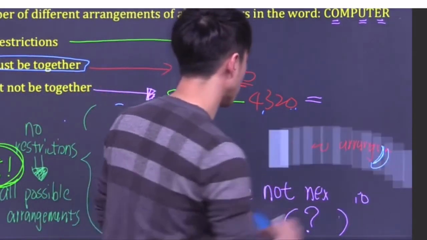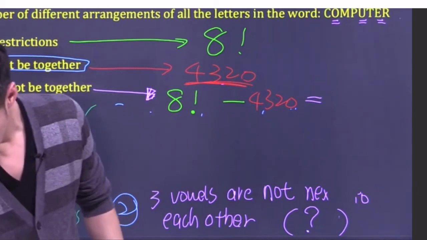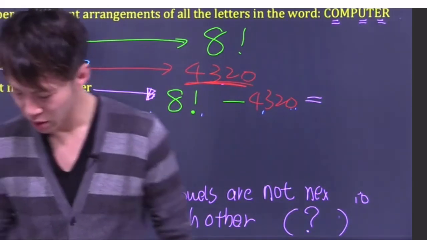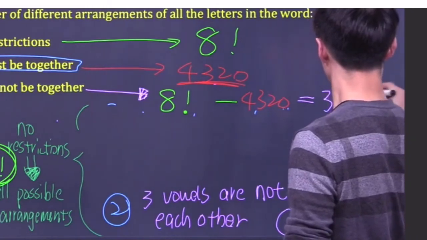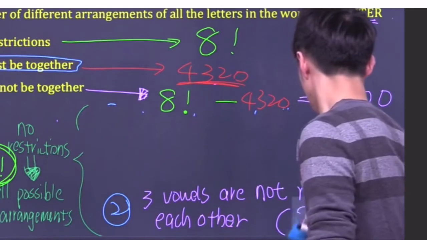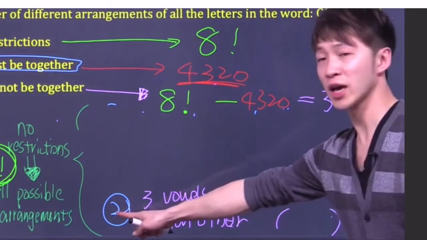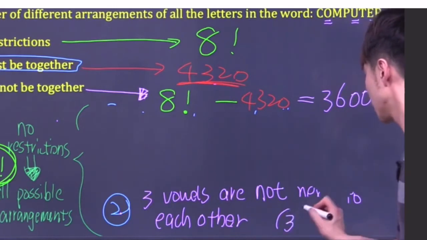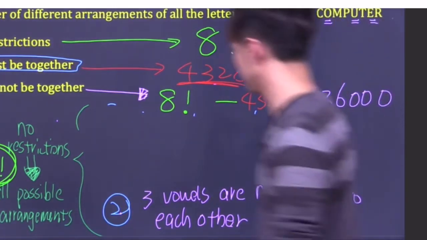So the answer will be A factorial minus 4,320. It's a pretty big number: 36,000. So how many arrangements are there for case 2? 36,000 ways.